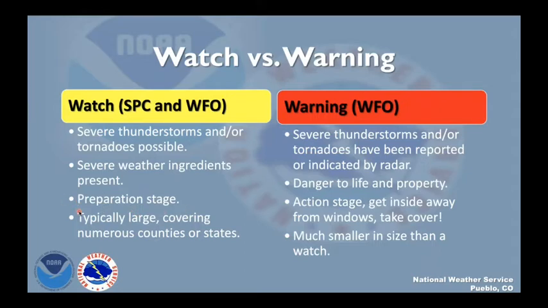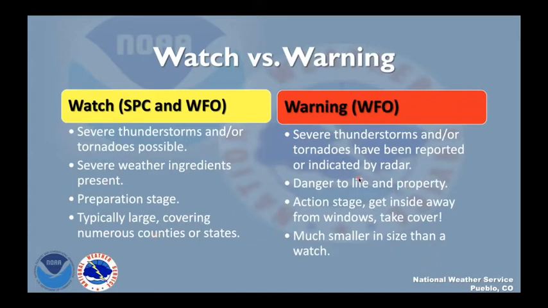If a storm does occur over your area, have the idea of what you're going to do in the back of your mind before the warning comes out. Have it during the watch. They are large, as you saw with the county-based warning. We're good at forecasting, but we're not that good to pinpoint exactly where those severe weathers are going to occur.